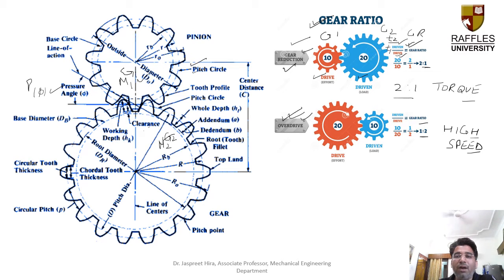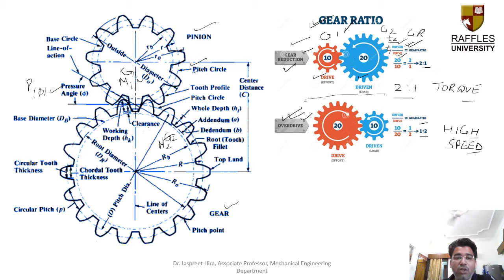So you should be aware of the term gear ratio, and you should signify the difference between the driver and the driven. And also we have the number of teeth on the pinion, and we have the gear.